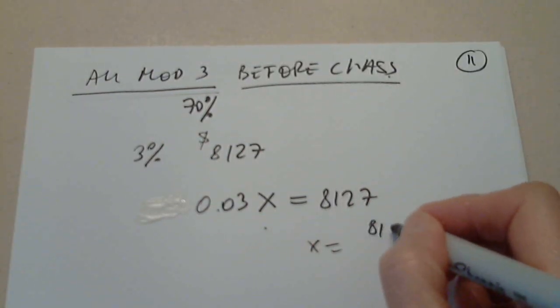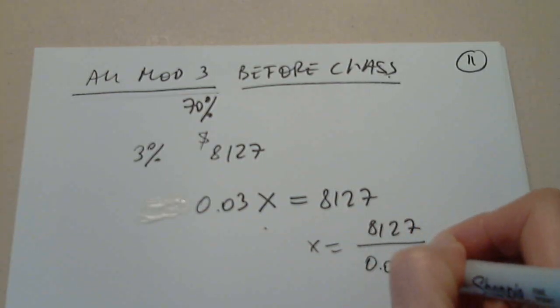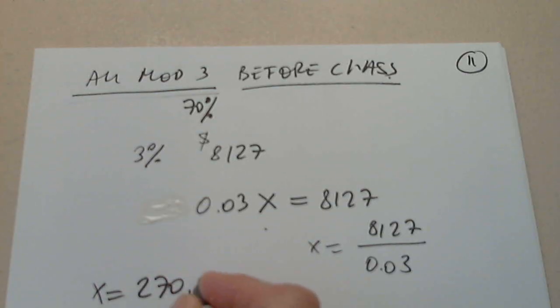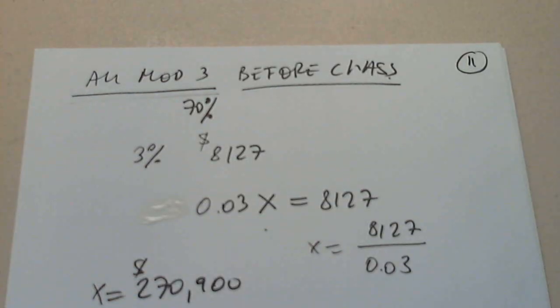So x equals 8,127 over 0.03. And that is the value of the home she sold. Because she got a commission of 8,127, which is 3% of the price of the home she sells. So 8,127 divided by 0.03 gives us the home price, which was x equals 270,900, because she's getting 3% of this.